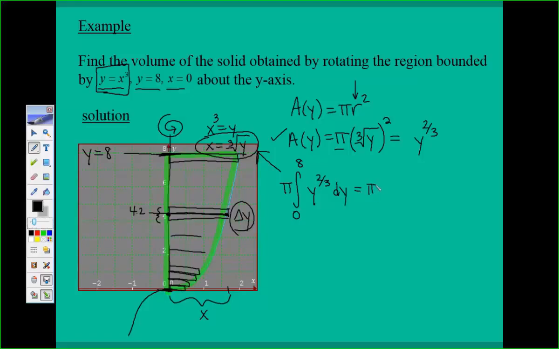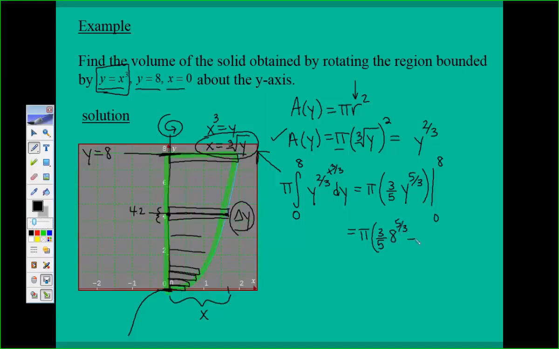So finding the antiderivative, we're going to add 1. So we'd have y to the 5/3. Dividing by 5/3 is the same as multiplying by 3/5. We're going to evaluate this from 0 to 8. Which gives us pi times 3/5. We could pull that 3/5 out as a constant.